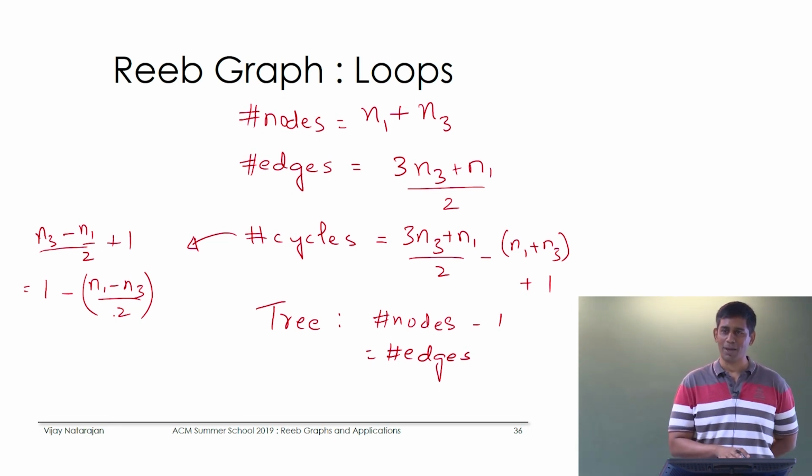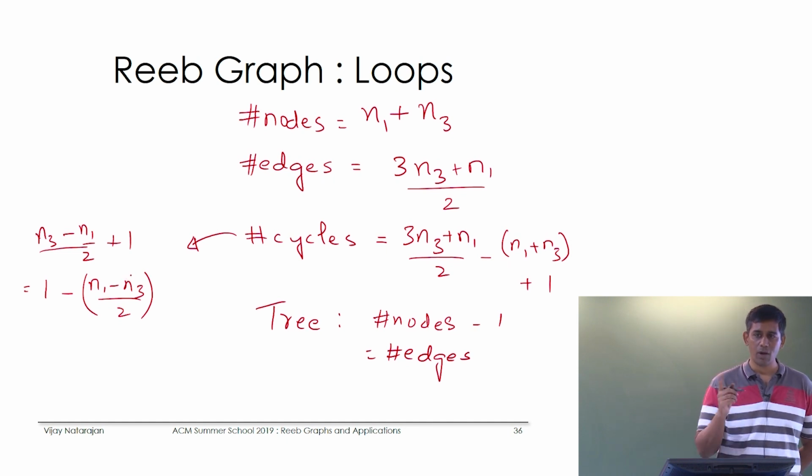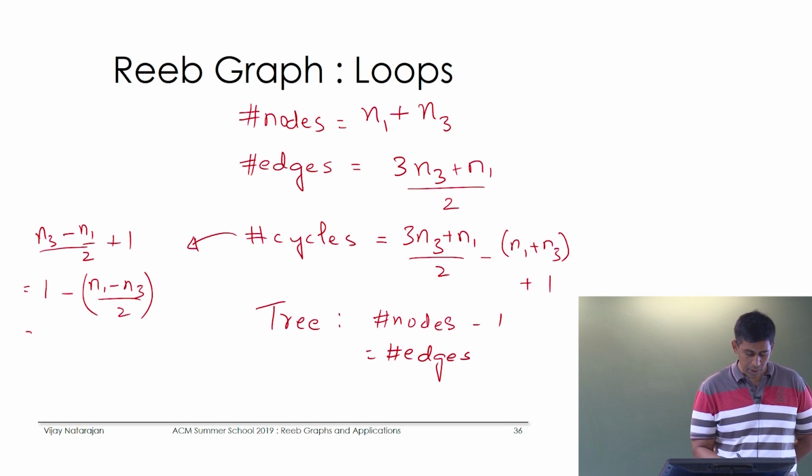If I've not done anything wrong here, can we recognize this expression? The number of maxima plus number of minima minus number of saddles. What is that? We saw the alternating sum. This is the Euler characteristic. So this is equal to 1 minus Euler characteristic over 2. And we know that the Euler characteristic is 2 minus 2g. So if I replace that, this will be 1 minus (2 minus 2g) over 2.